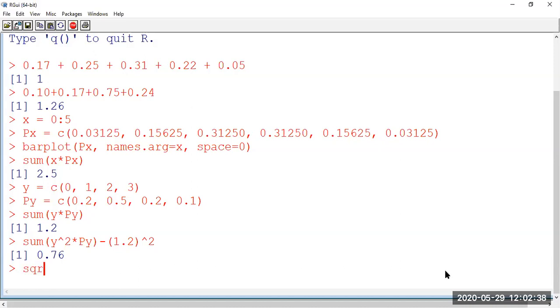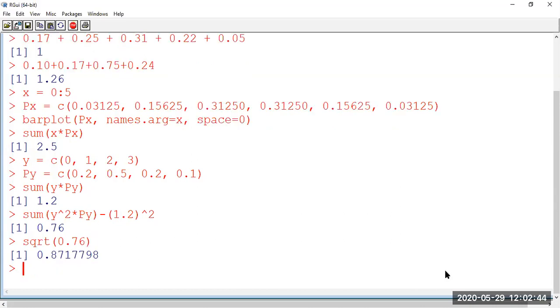And we're going to take the square root of that value to get the standard deviation. So first we got 1.2 for the mean, then we got 0.76 for the variance, and then the square root of 0.76 was 0.87.